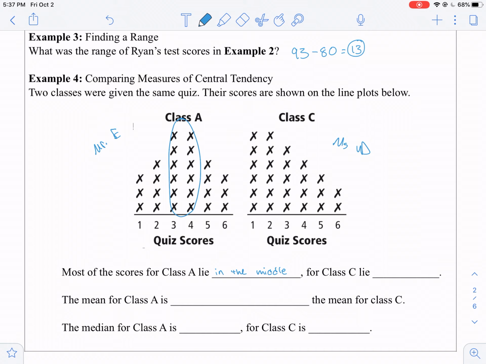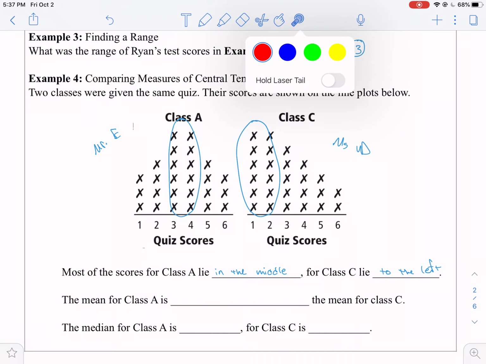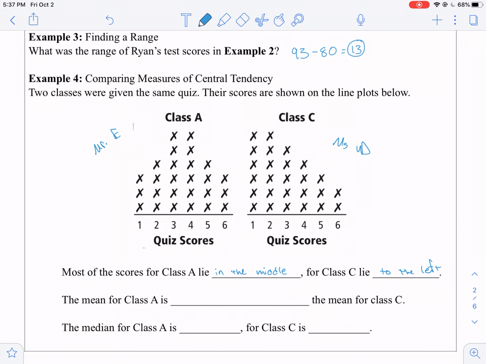However, for my class, most of the scores are 1 and 2. So they lie to the left. This kind of looks like a histogram, doesn't it? We say Mr. Esslinger's class has a symmetric distribution of scores, but my class is skewed to the left.